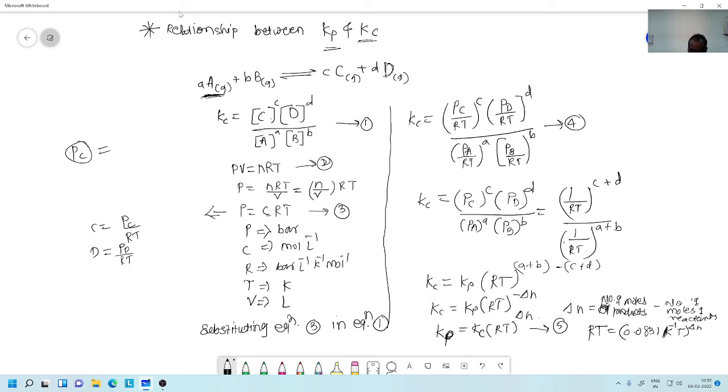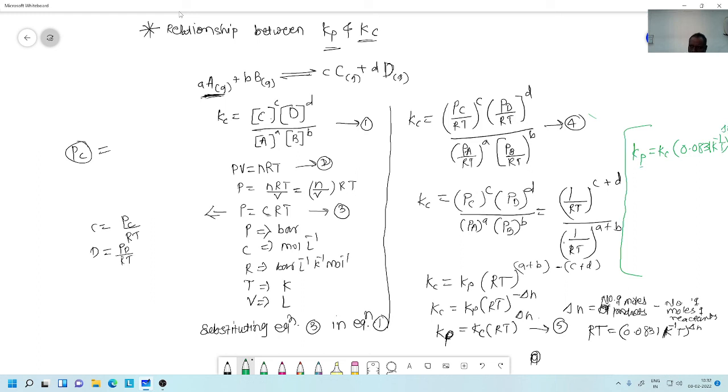Therefore, this equation becomes Kp is equal to Kc into 0.0831 K raised to minus 1, T raised to delta n.